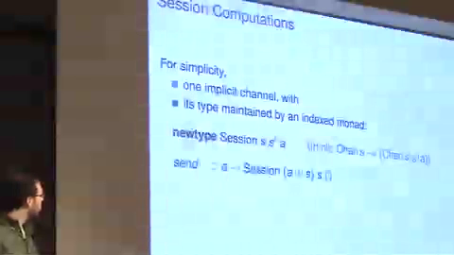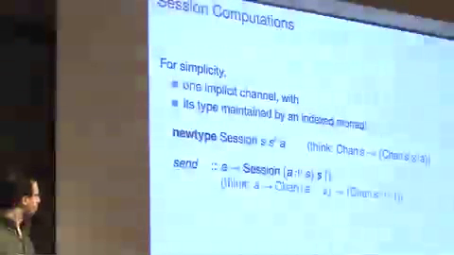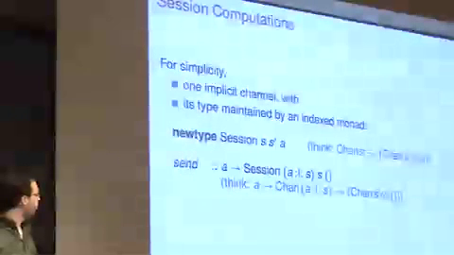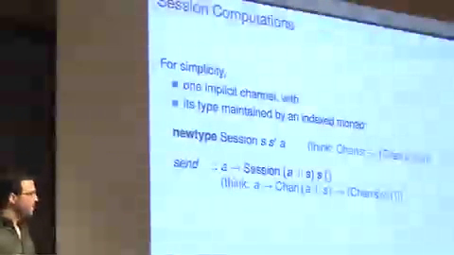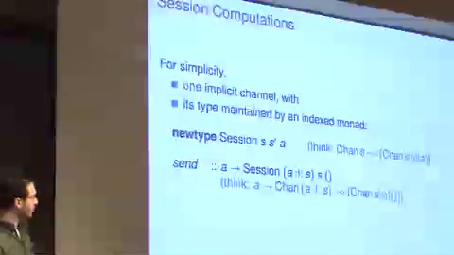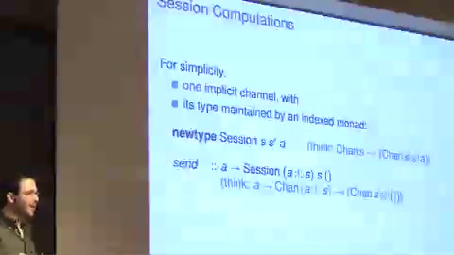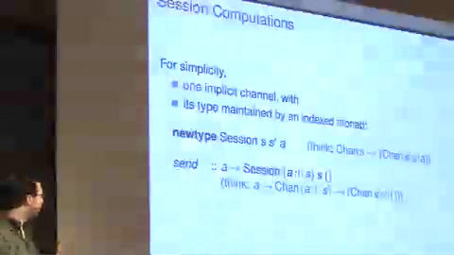And so then we can give send a type, and this is pretty much the same type we had before, which is that send says, given an A, you're currently in a state where you can send an A and then do some other stuff S. After the send, you have S left to do. And you can't get at the old A bang S anymore.